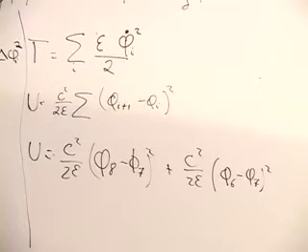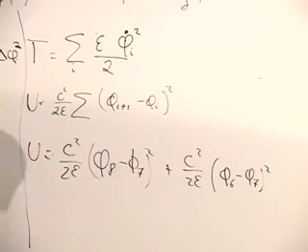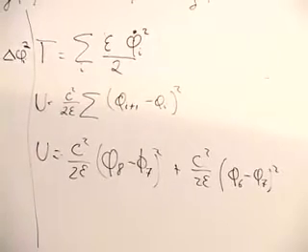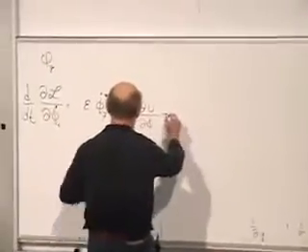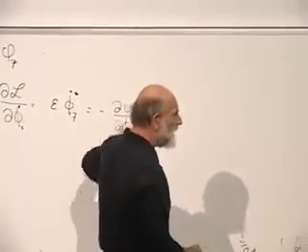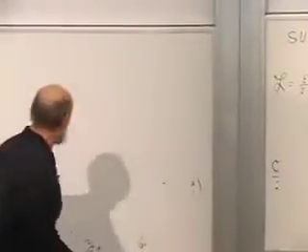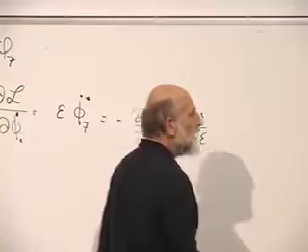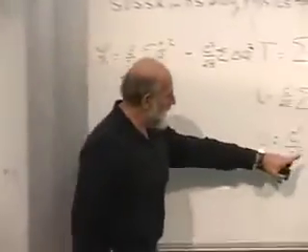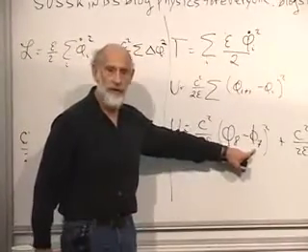Now we have to write here dU by d phi 7. dU by d phi 7, first of all, contains c squared with a minus sign from the defining minus sign over here. And now c squared over 2 epsilon times the derivative of this thing here with respect to phi 7.